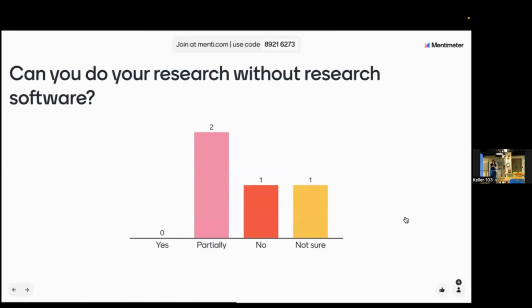No. That is expected, but I would see, yeah, partially or no, because we had software developers and researchers leading the numbers before. Cool. So partially, no. I would expect that. Nowadays research normally needs some software. Absolutely.